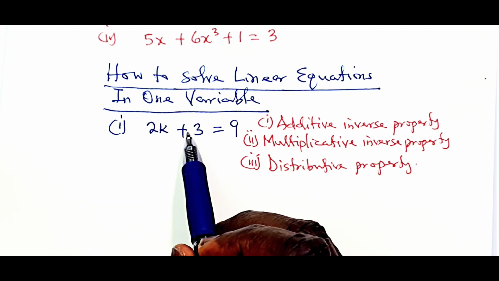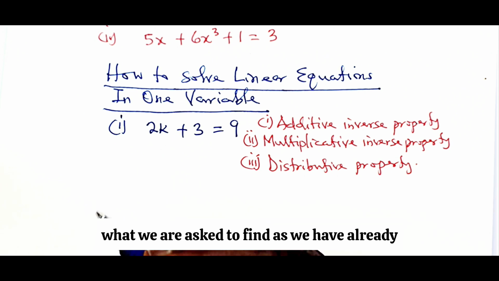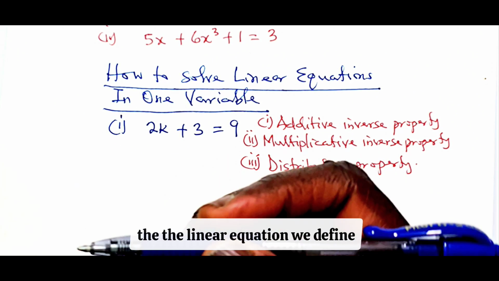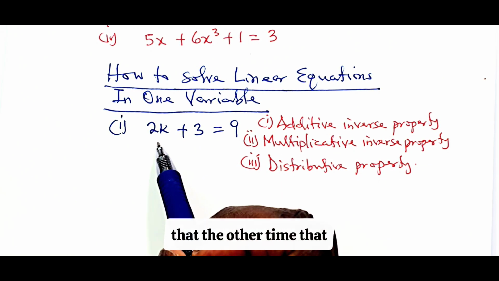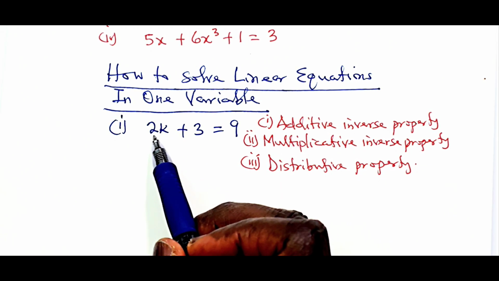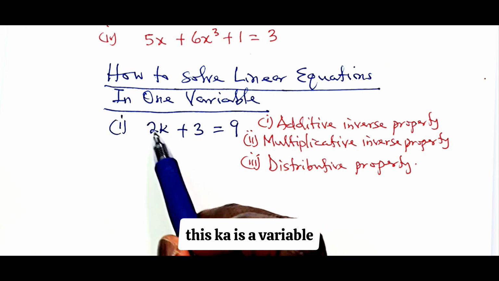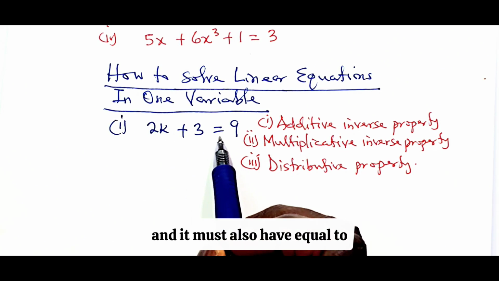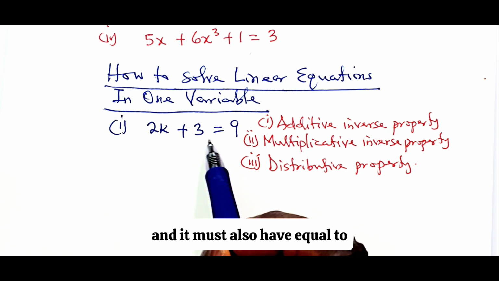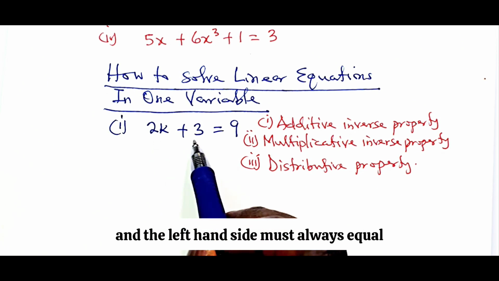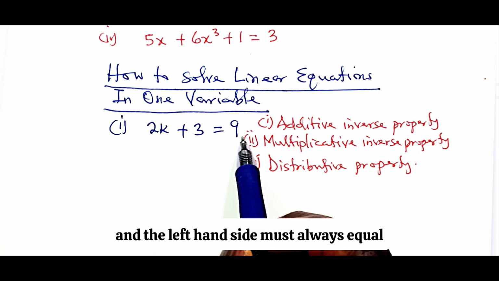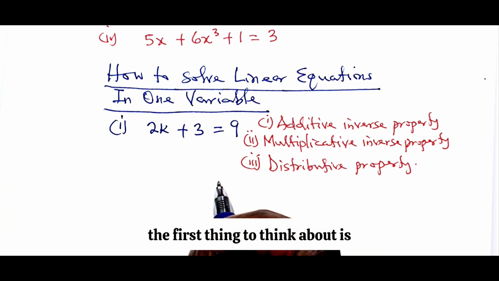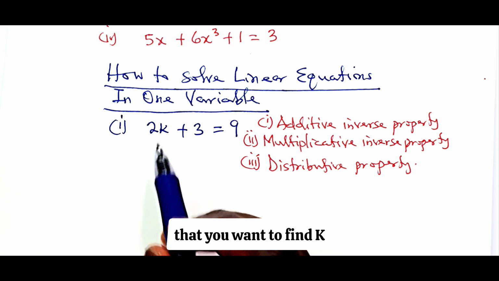As we defined earlier for the linear equation, this k here is a variable and it is what we are asked to find. And the left hand side must always equal the right hand side. Once you know all these three, the first thing to think about is that you want to find k.